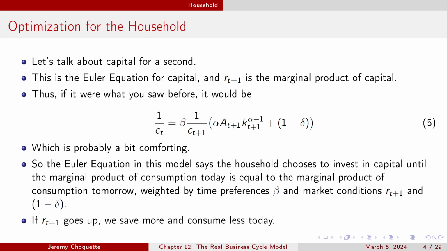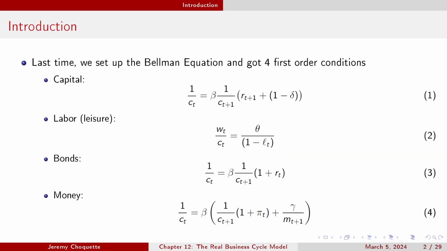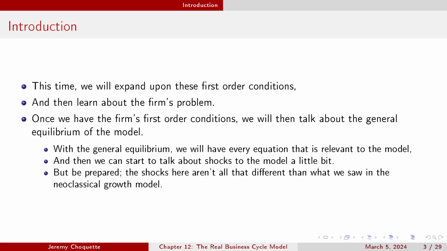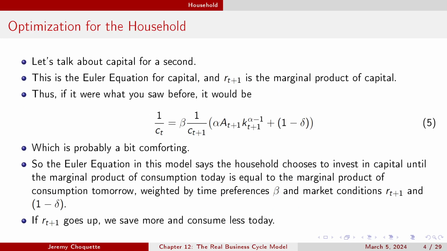That tells me that the marginal product of capital, the amount that one additional unit of capital will be adding to production, is equal to the real interest rate that we see in equation 1. So this alpha times A times K to the alpha minus 1 is equal to R_{t+1}. Therefore, the marginal product of capital is equal to the real interest rate.